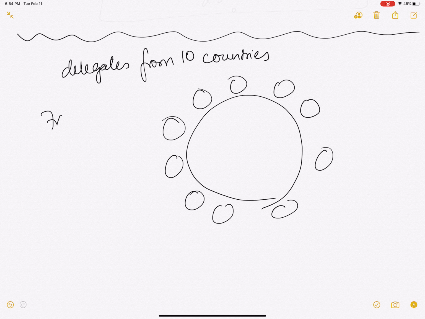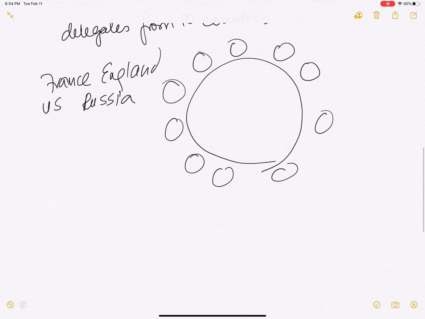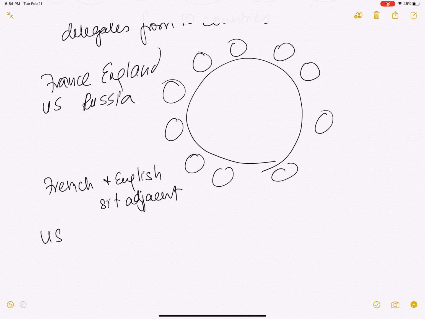There's France, England, the US, and Russia, and some 6 other countries. Now, what we want is that we want the French and English guy to sit next to each other. And we want the US guy and Russian to be apart.